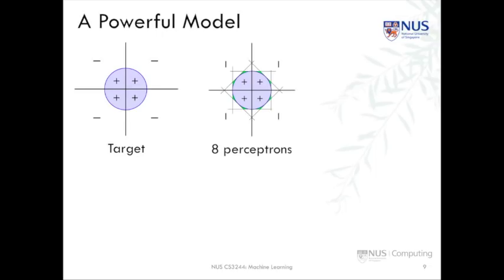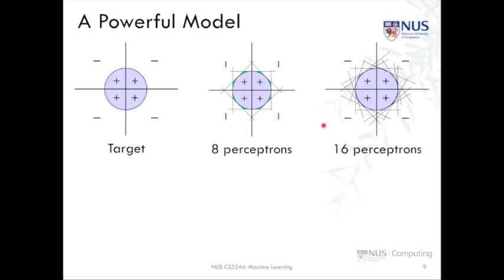If we have 8 perceptrons all put together in this fashion, and ORed in a particular manner, we could construct a decision surface like this octagon here. And we can approximate this with any level of fidelity we want by just adding additional perceptrons, right? So here's a case of 16, where you can see the area surface is very small compared to the case of this 8, where you can see these green bumps here indicate places where it doesn't quite match our desired decision boundary.